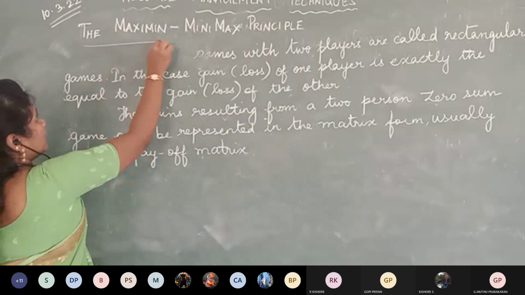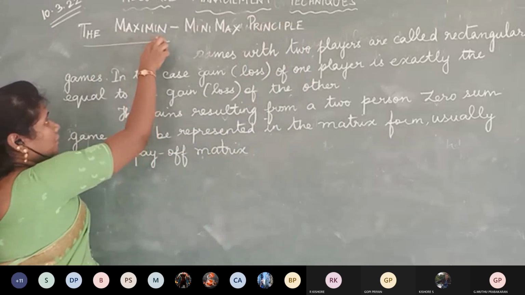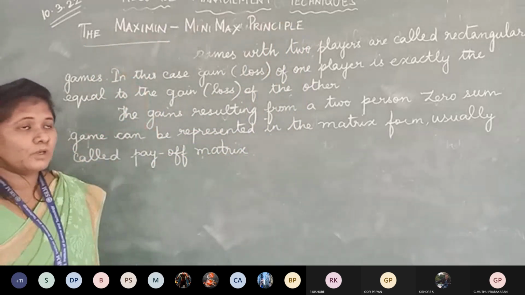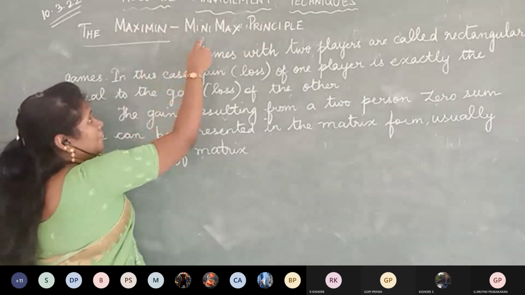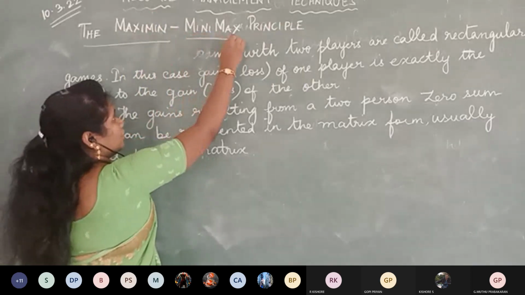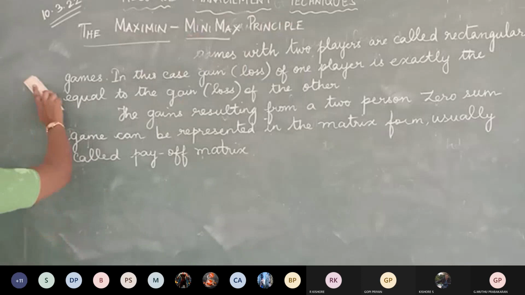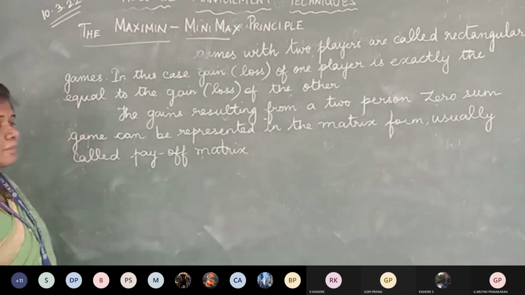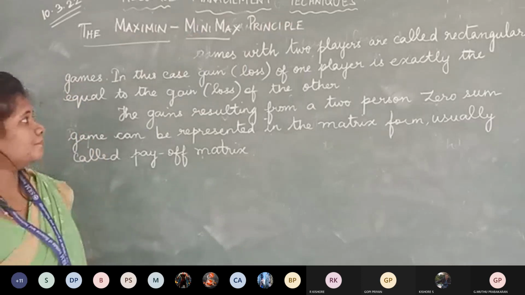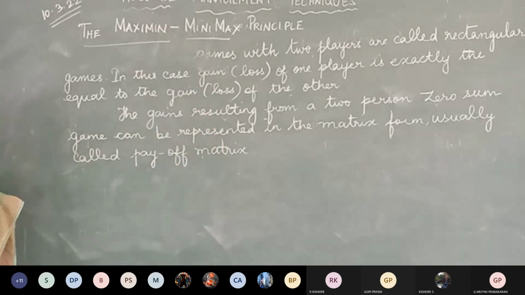From the name itself, maximin: maximum value from your minimum value; minimax: minimum value from your maximum value. What you should do, I will tell you now. Have you finished writing? I will rub it. Yes, ma'am.